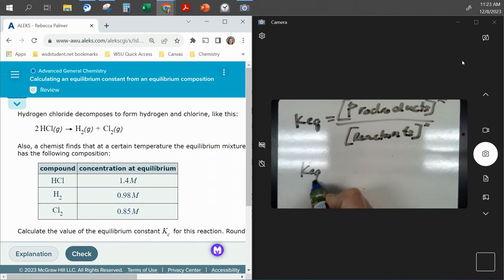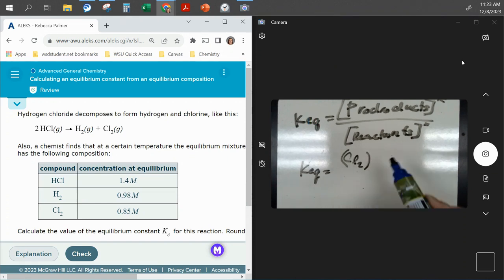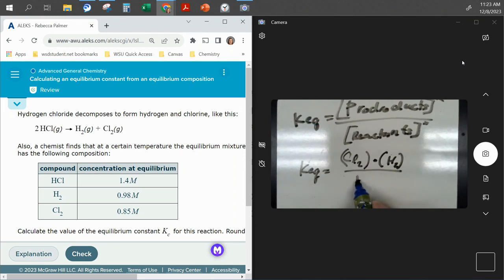So Keq is... are they gases? They are all gases, so we don't need the concentration, we use the pressures. So this is Cl2 with no exponent because there's just a 1, times H2, no coefficient because it's just a 1. So products over the reactant is HCl, and that's raised to the 2 coefficient because there's a 2 in front of the HCl.